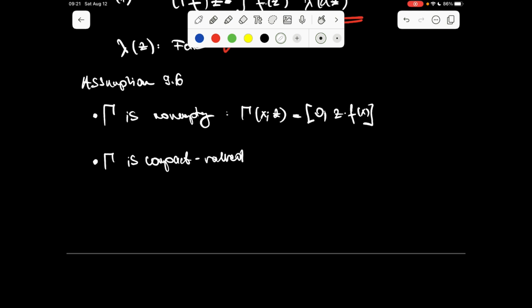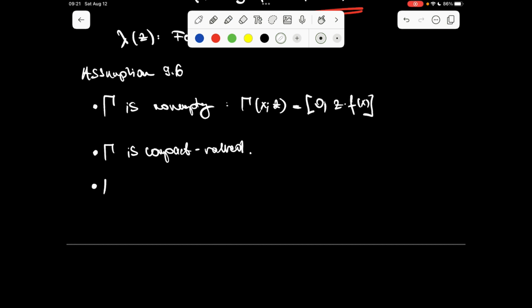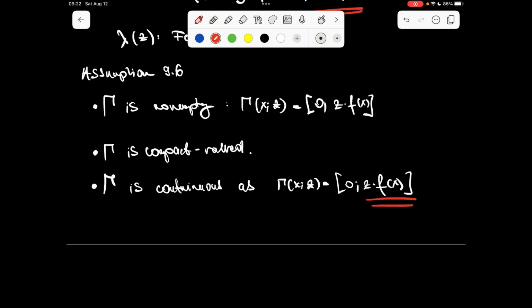So yes, gamma is compact valued, and gamma is continuous because its lower bound is 0, which is continuous for every x and z, and the upper bound is given by a continuous function, because f is continuous, and the continuity of f is ensured by assumption t1 in the problem.